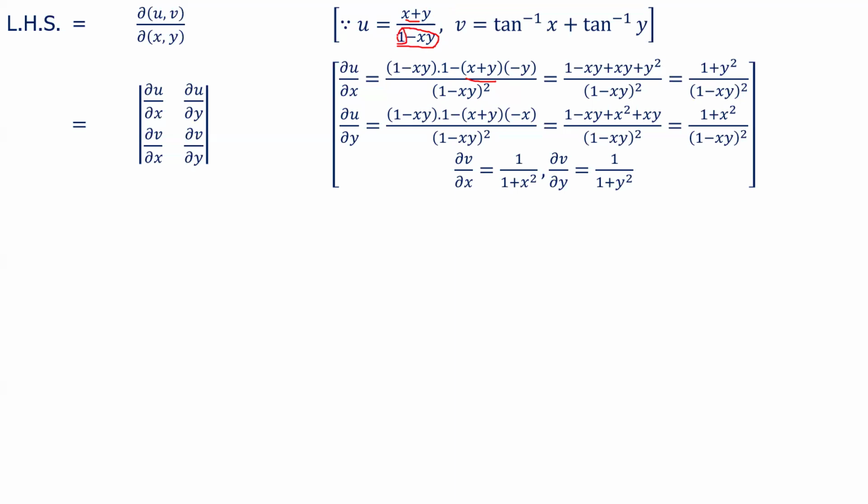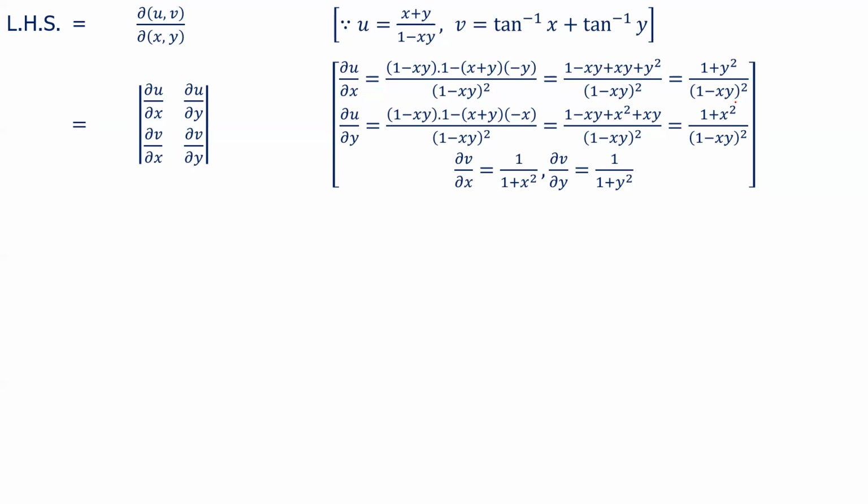This is 0 minus y, since y is constant, so minus y into 1, whole divided by denominator square, (1 minus xy) whole square. Let us simplify: 1 minus xy, and this minus minus will become plus xy plus y square. So minus xy and plus xy will cancel. We have (1 plus y square) upon (1 minus xy) whole square.